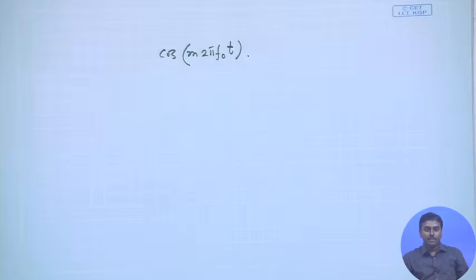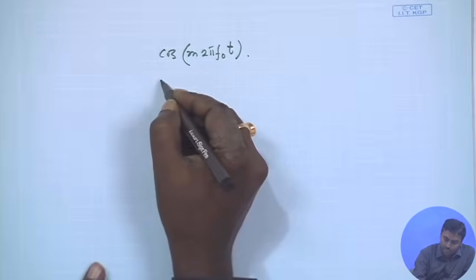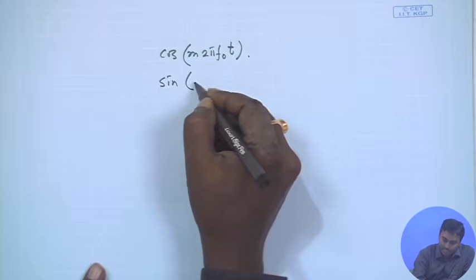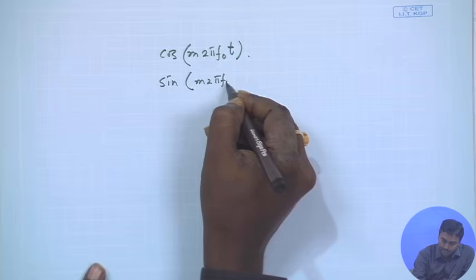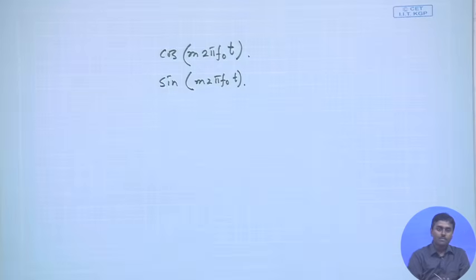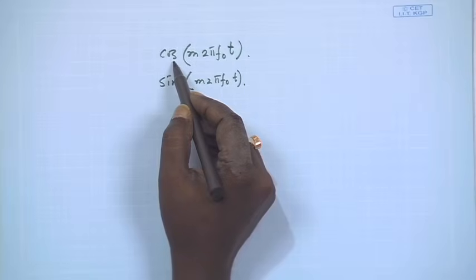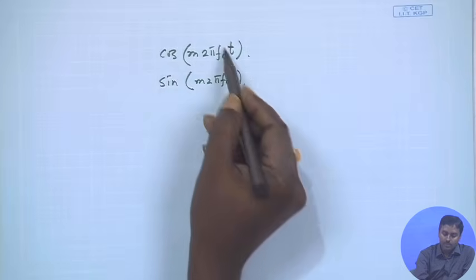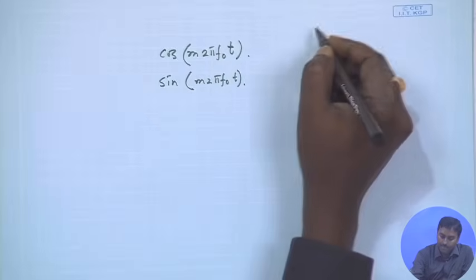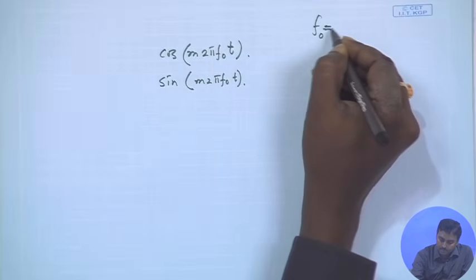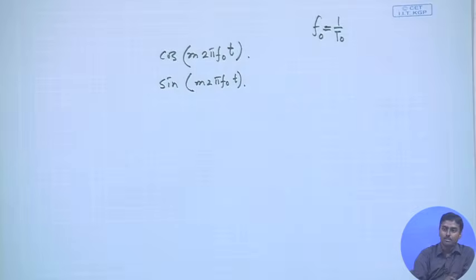Correspondingly I can also define a sin m 2 pi f0 t. So these two signals we are targeting. Whenever m is equal to 1, it is just a cosine signal with frequency f0, where f0 is equal to 1 by t0. So t0 is the time period of that signal.